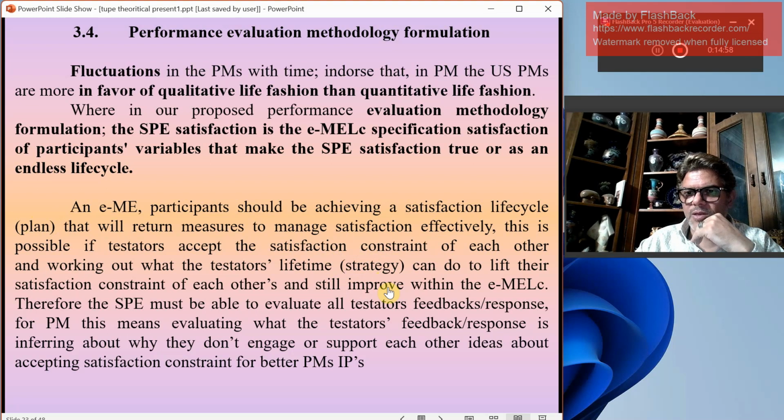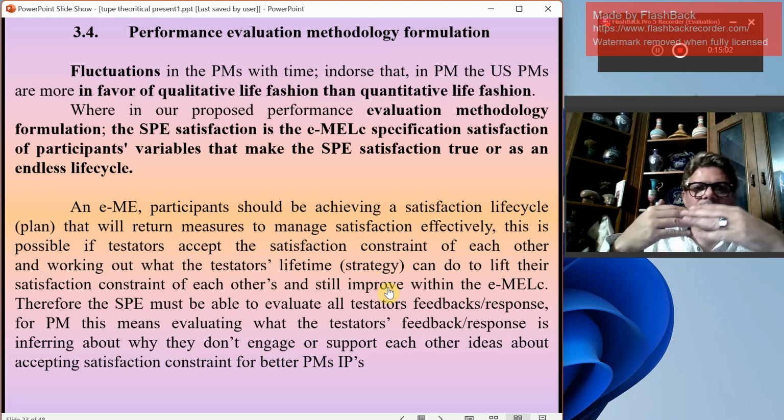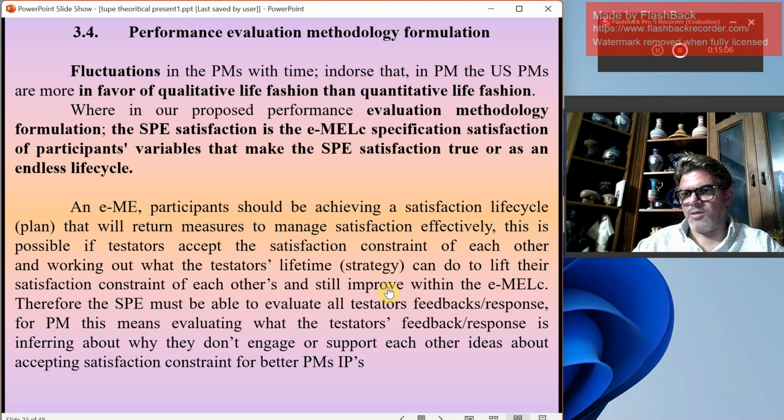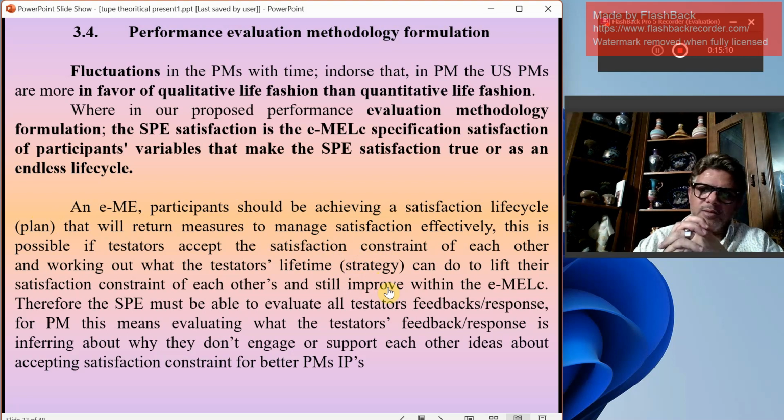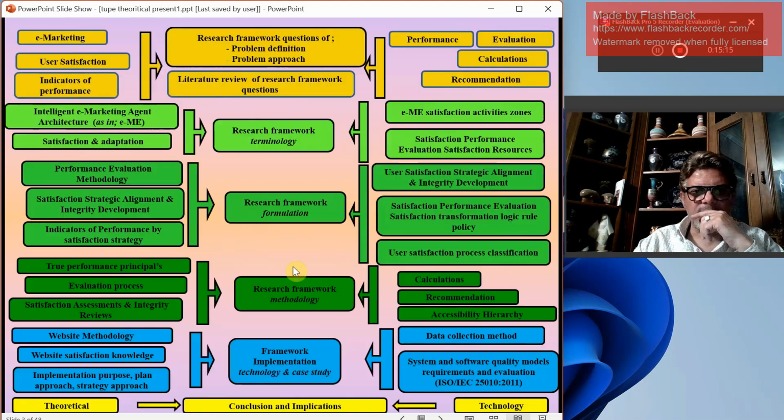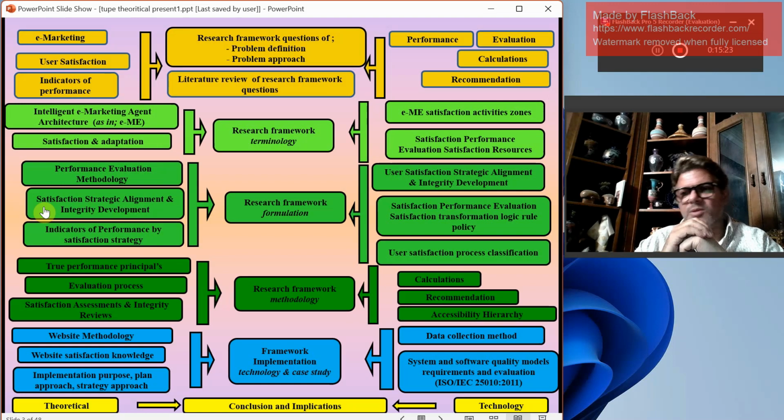Okay, so this is really real life applications, how to evaluate real time applications. Okay. Satisfaction, strategic alignment, and integrity development.